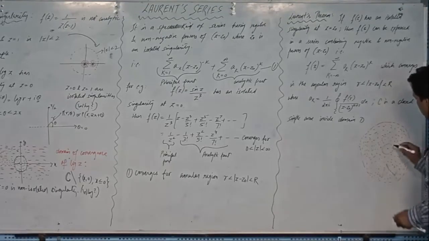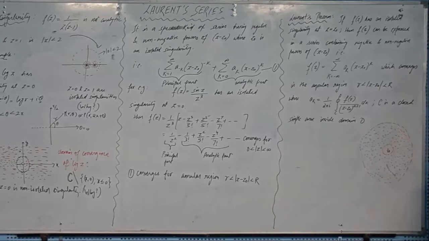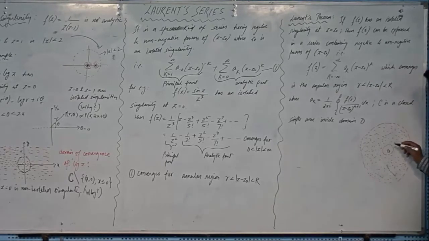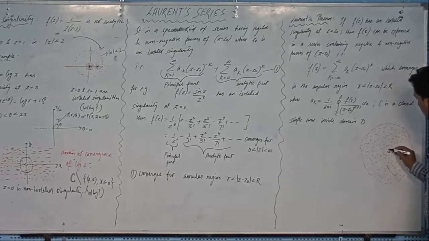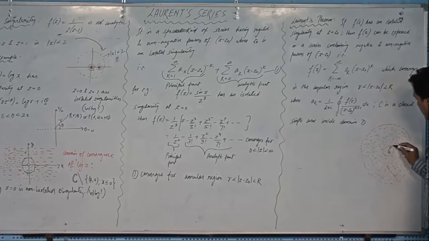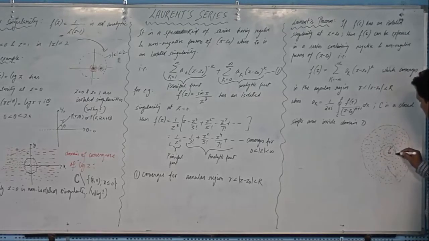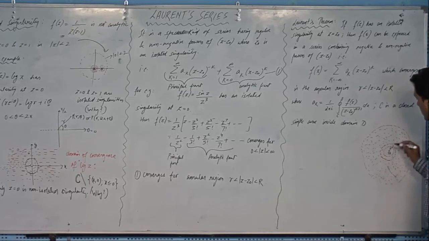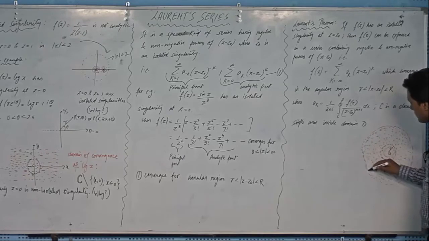And this is your center z naught, right? And you can see that taking this smaller radius, small r, this is a small r, right? And you have this circle, and then the big circle, capital R, right?